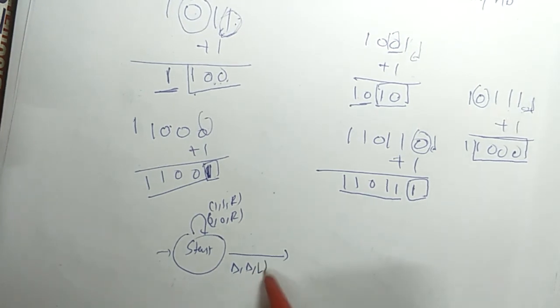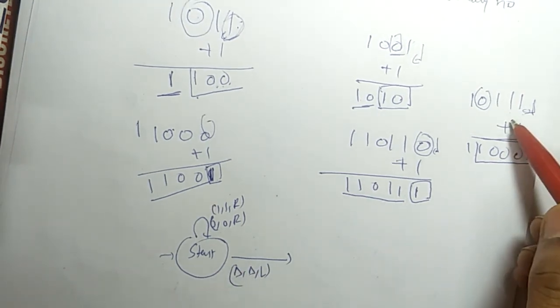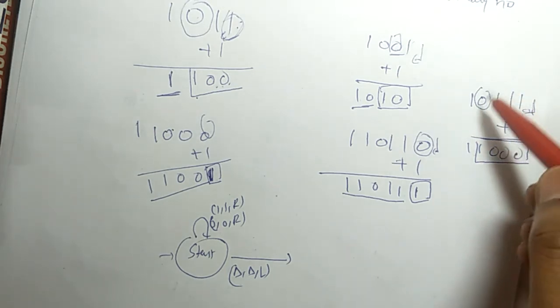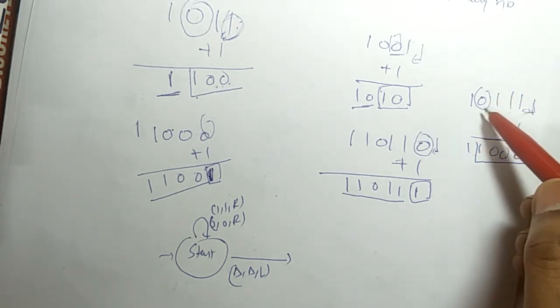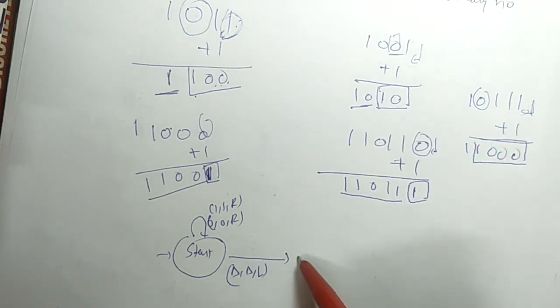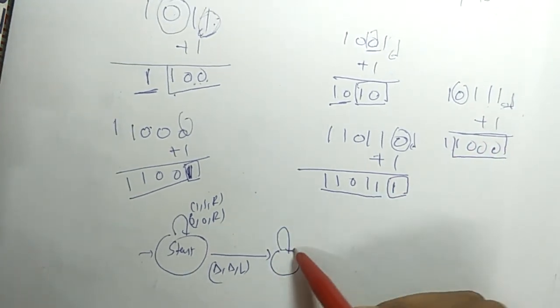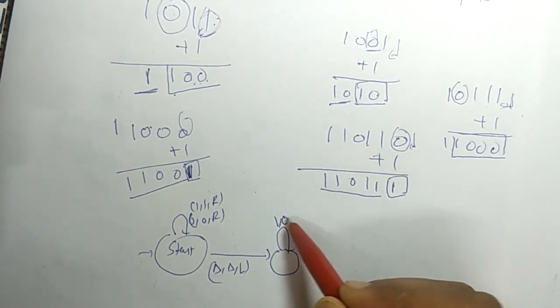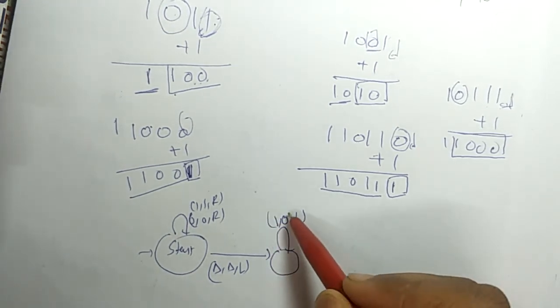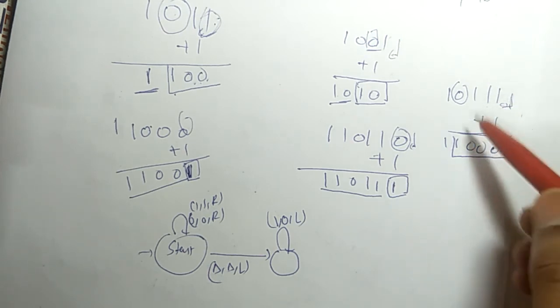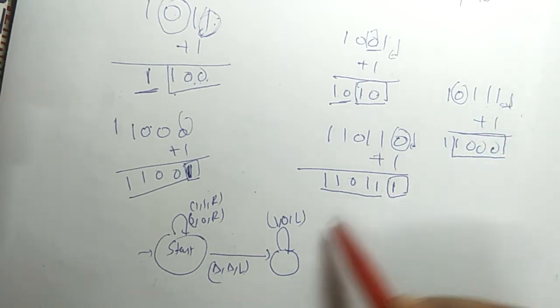Then you will move to the left, and what is your goal? You have to find the very first 0, and till this 0 you have to complement everything. So while you are moving to the left, if you get 1, you have to make it 0 and move to left.